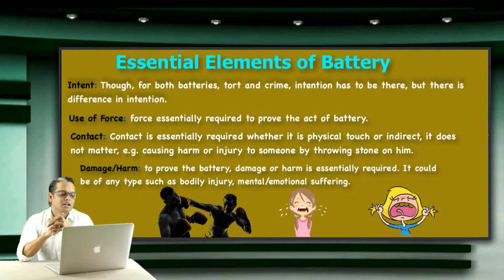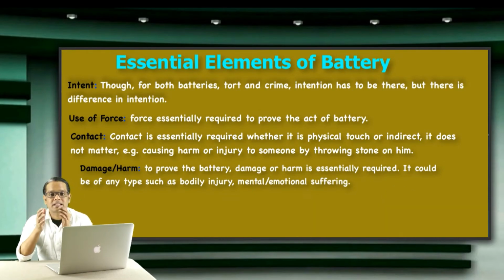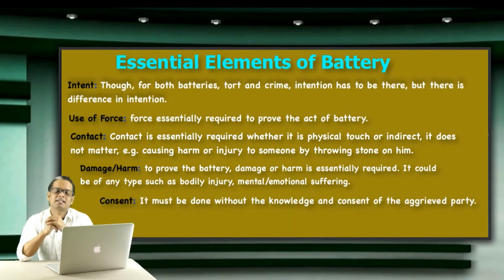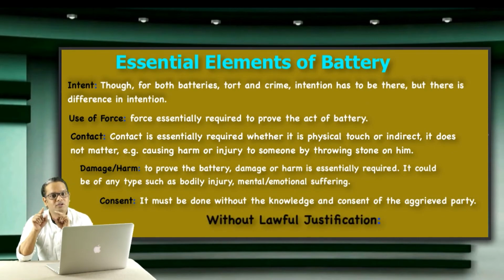Another essential element is consent. The person whom you caused injury did not allow you to do so. So, you did it without his or her consent. If his or her consent is involved, then the story will be different. So, it must happen without consent. And the last essential element is that you cannot justify your act.